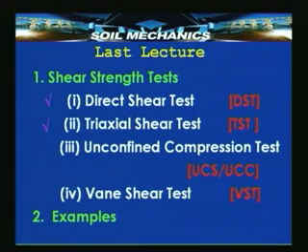We had also seen an overview of the triaxial shear test, TST. Of course, in one of my early lectures, perhaps the first one, I had also given you a general idea about the next 2 tests, the unconfined compression test and the vane shear test.